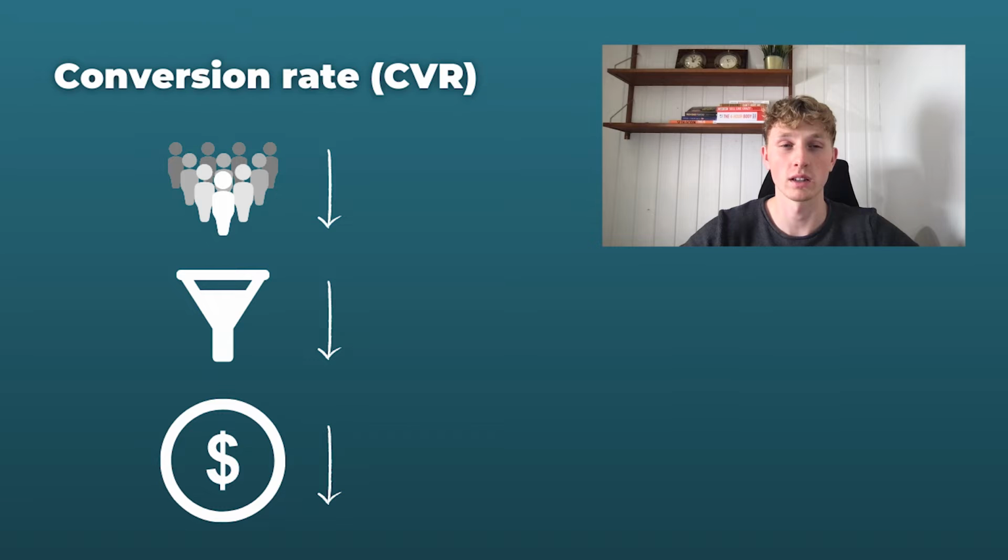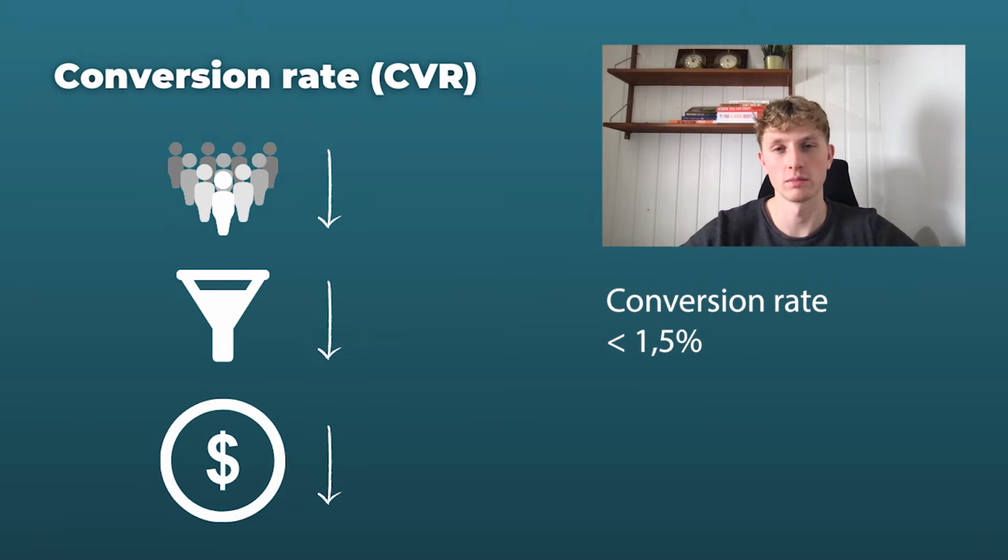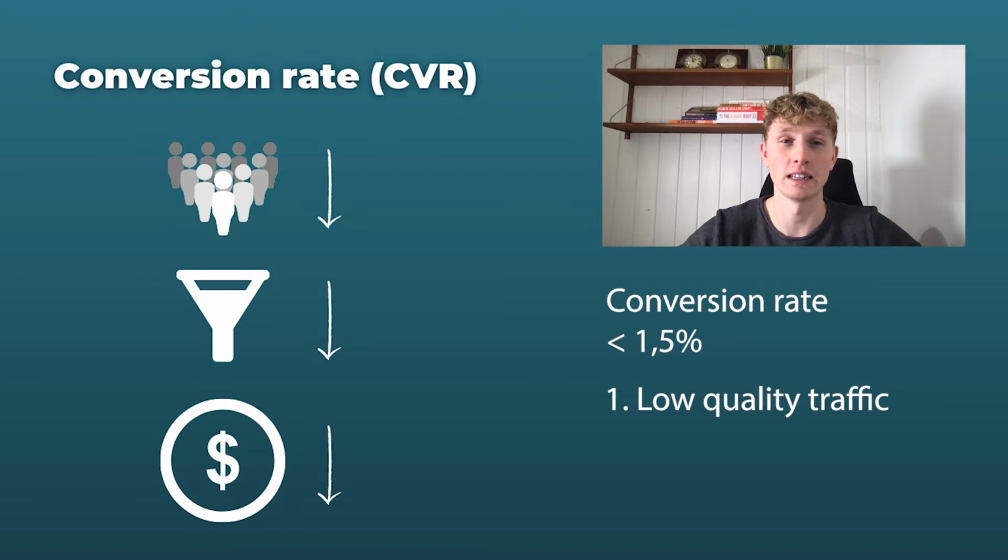So when we look at conversion rate, it's important to keep in mind two things. If your conversion rate is not optimal, let's say below 1.5%, then there can be many reasons for that. But one reason could be that you spend a lot of money on traffic, paid ads, that is not high quality and doesn't lead them to what they thought they were going to go to.